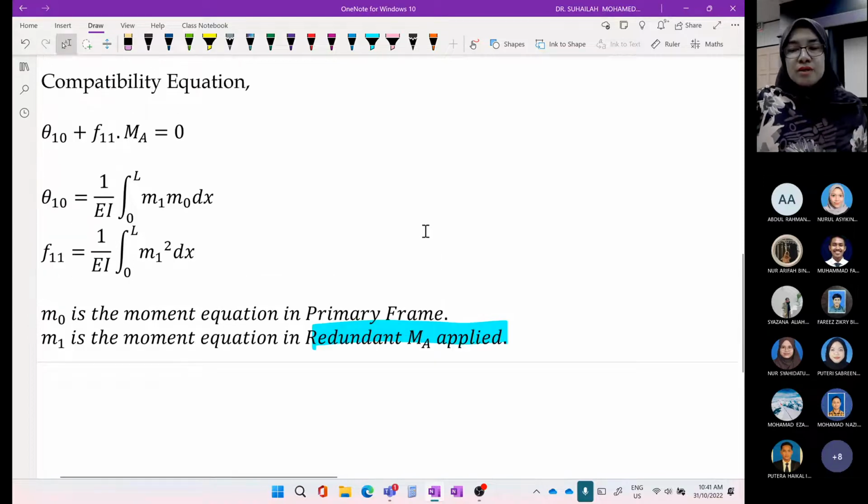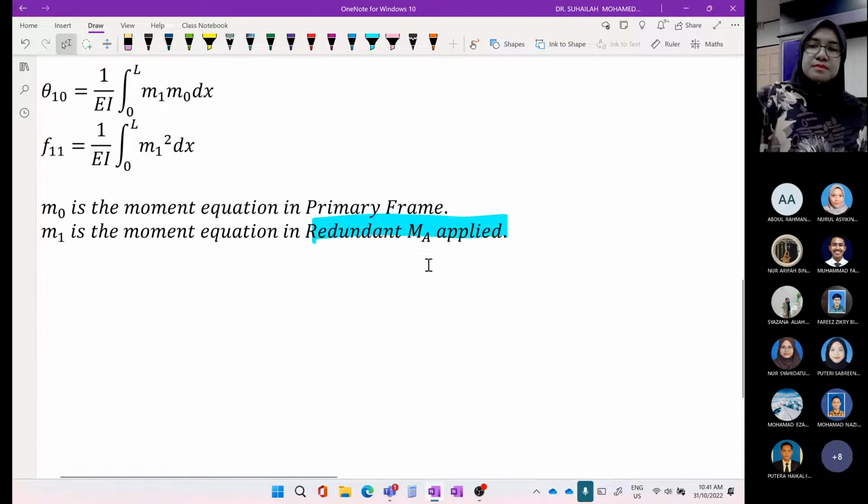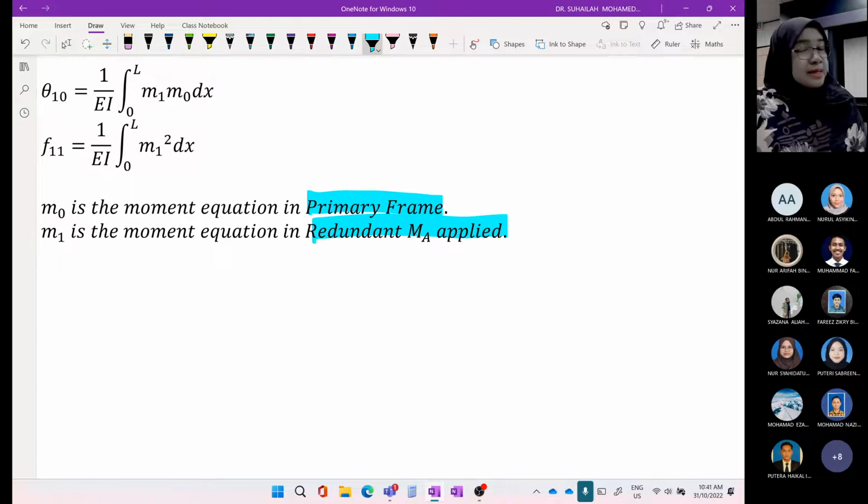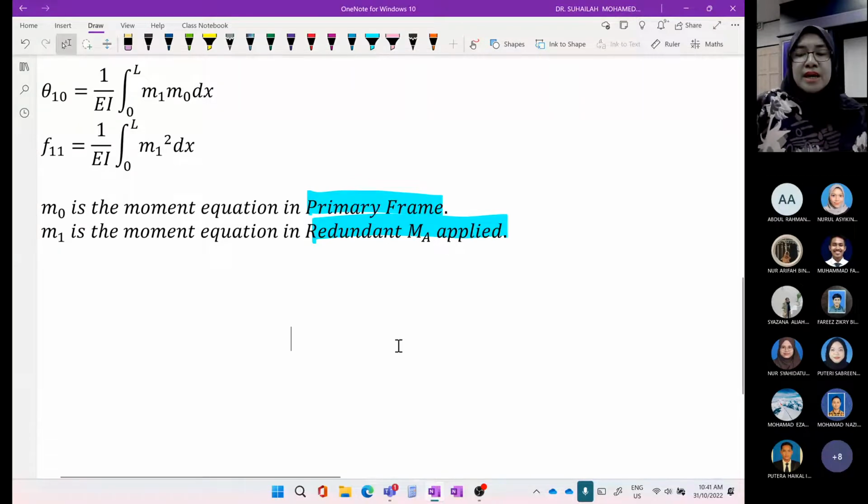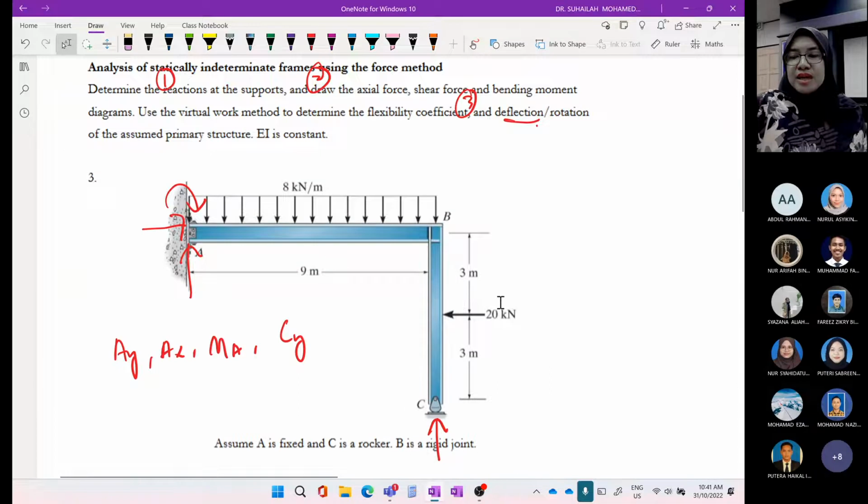Then the redundant system, redundant MA applied, is the same type of frame, meaning whatever frame we have in the primary frame, the redundant frame is also the same. The difference is only due to loading. So remove all loading, and we apply a unit moment in redundant MA applied. That's all. So we have to analyze this.